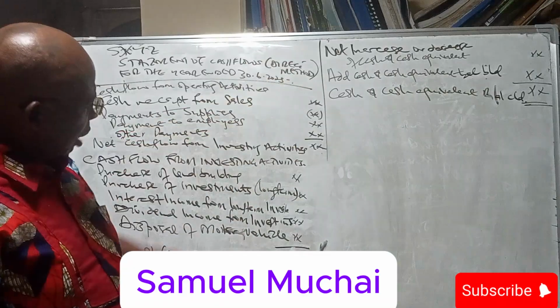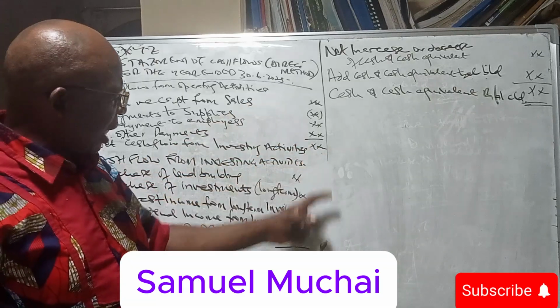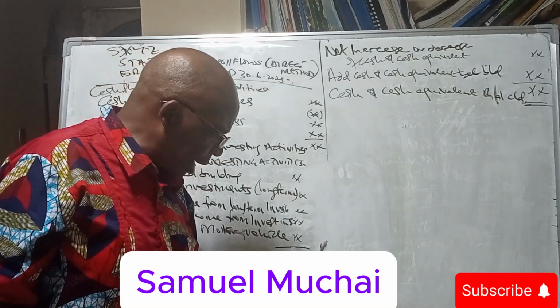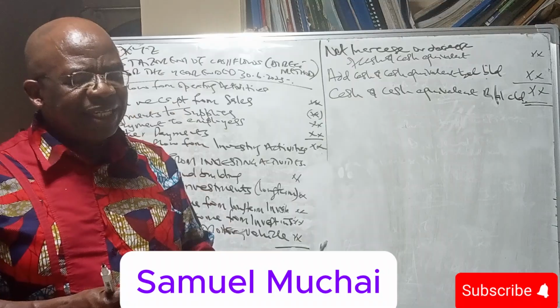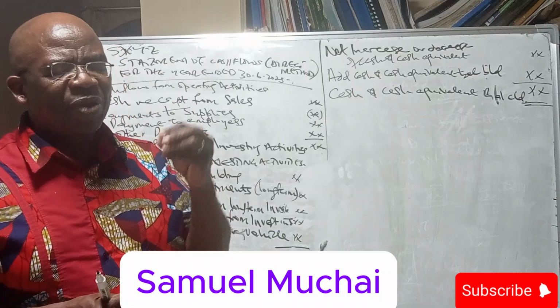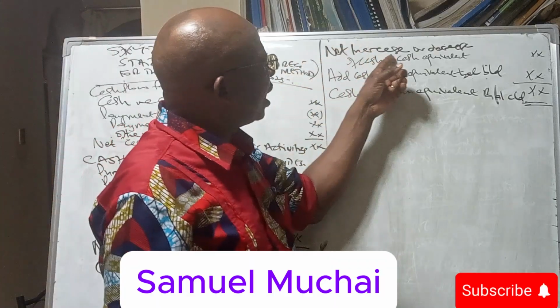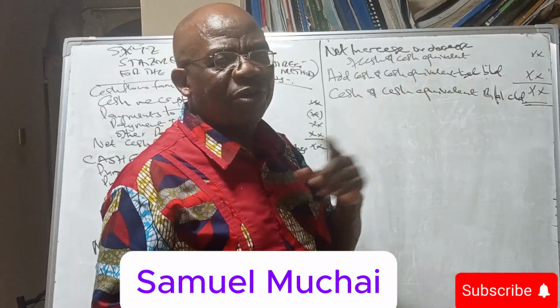Now, once you get the principal revenue generating activity net balance, you add the net balance from investing and the net balance from financing. Once you add them, they will either increase or decrease the money we had at the beginning of the year. So we say net increase or decrease of cash and cash equivalent.